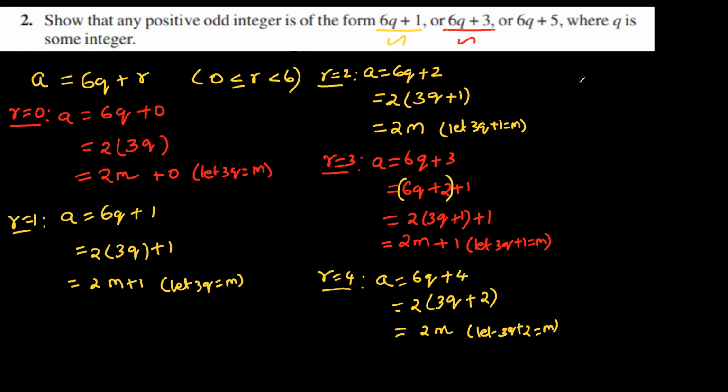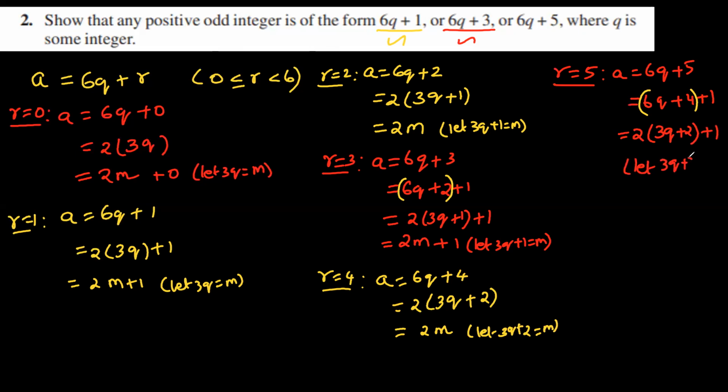The next step, the last step, when r is equal to 5, so a is equal to 6q plus 5. We can split this 5 as 4 plus 1. Same way, we are combining 6q plus 4, that is taking 2 as common. So when we take 2 as common, it will be 3q plus 2 plus 1. And now we are assuming 3q plus 2 as m.